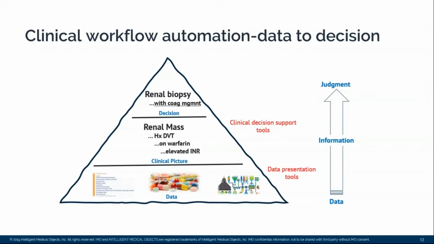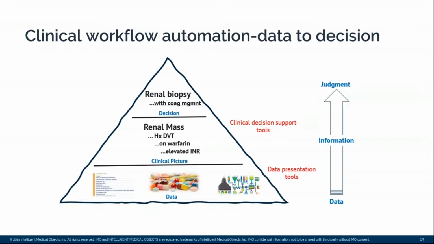And then over on their laboratory report side, they've got an elevated INR. So not only are they on blood thinners, but they're on too much blood thinners. Well, I have to gather all that data together and form an overall clinical picture out of it. Patient has a renal mass, they've got a history of DVT, so they're on warfarin, their INR is out of range.